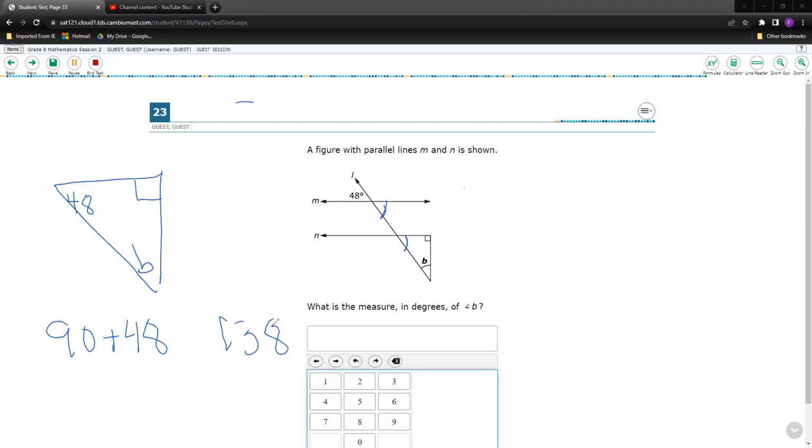We take that from 180, because 3 angles in a triangle give 180. And so 42, I believe. Angle B is 42. So 42 plus 48 is 90, plus 90 is 180, needing to double check. So the answer is 42.